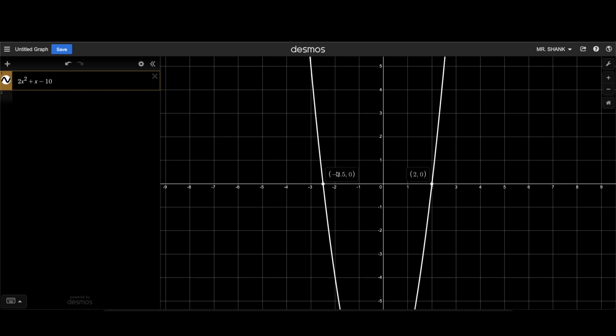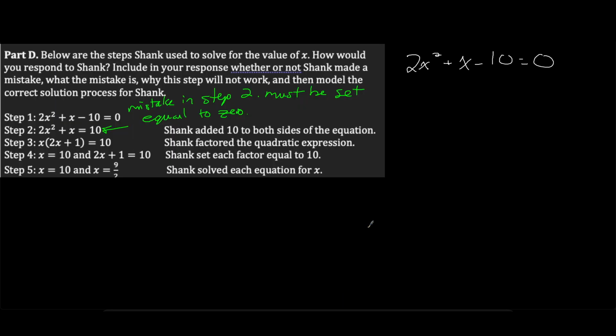We're going to say when x is negative 2.5 and when x is 2, we have solutions. So we have solutions at x equals negative 2.5 and positive 2.